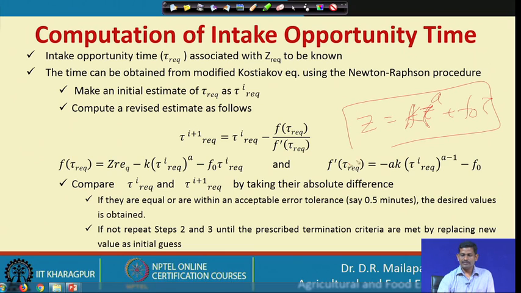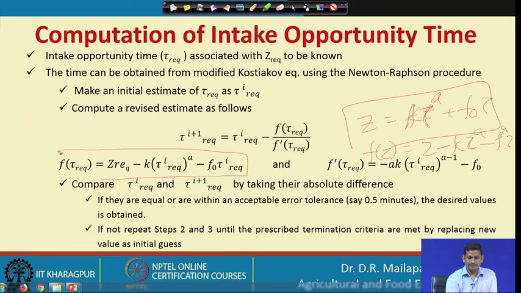Okay. So, same equation. If this is the function, f of tau is equal to Z minus k tau power a minus f naught into tau. That same thing you get here. And then f dash: differentiating with respect to time, you get this. Knowing this f and f dash, substitute it here for the initial guess and find the new tau.